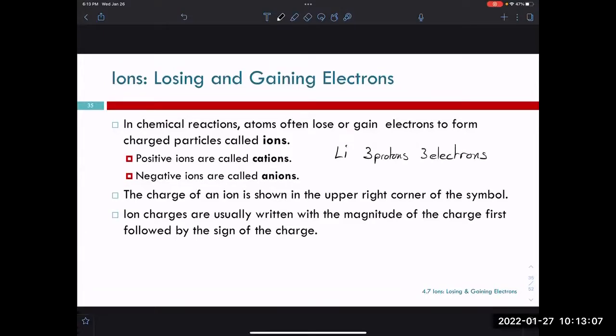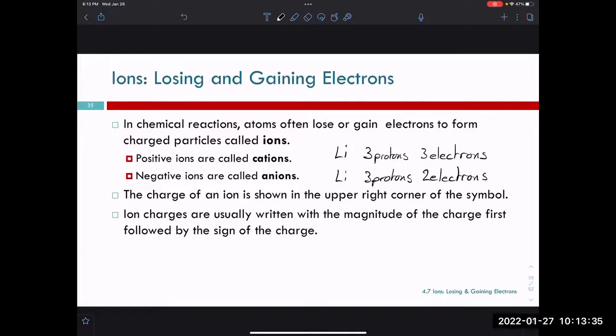So in its neutral form, every element has the same number of electrons as it does protons. So if we took one of those electrons away and we had lithium with 3 protons, because again, never going to change the number of protons, but just 2 electrons, what would the charge on lithium be then?